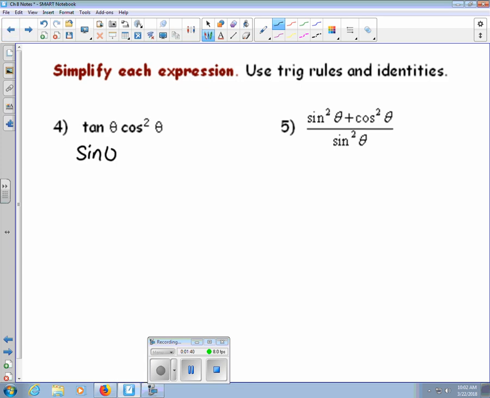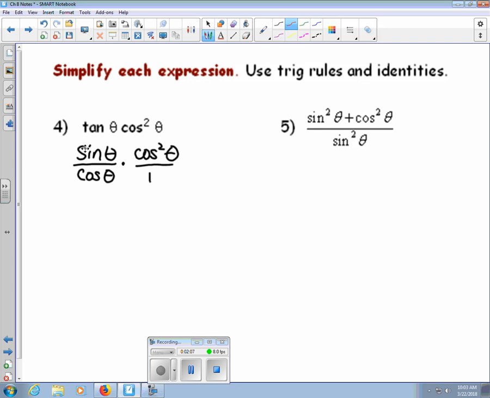So I'm going to write this as sine of theta over cosine of theta. And cosine squared, I can't do anything with that right now. So I'm just going to leave it like that. And so notice I'm going to make this a fraction. So I'm going to put it over 1. And when I do that, we can cancel something. So what can we cancel? We can cancel 1 cosine.